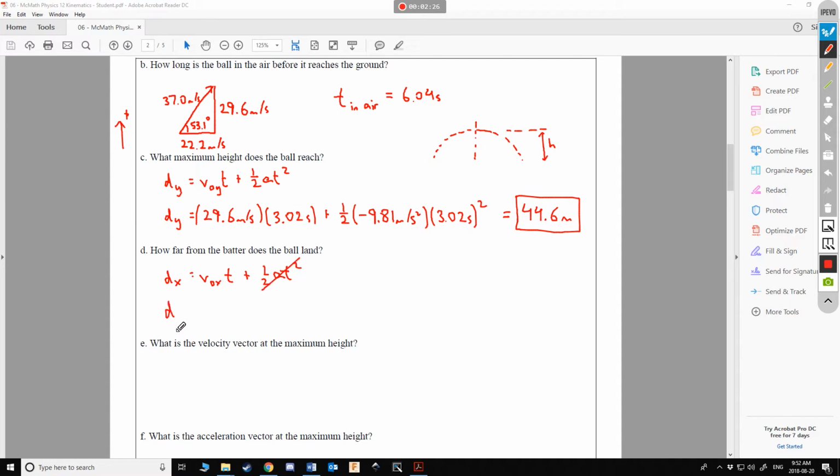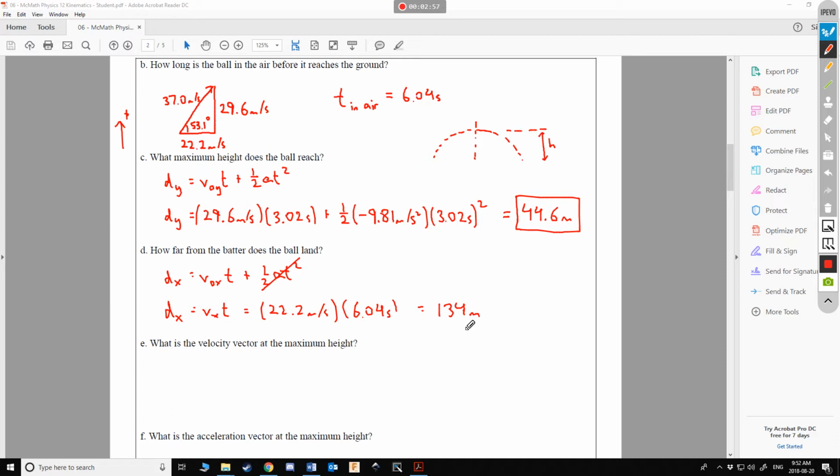So we can see that dx is just equal to vx t. Our velocity in the x direction was 22.2 meters per second, and our time, that's the time in the air, is 6.04 seconds. 22.2 times 6.04, we get 134 meters.